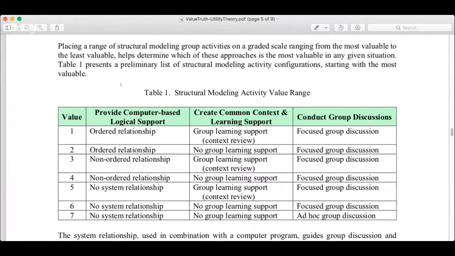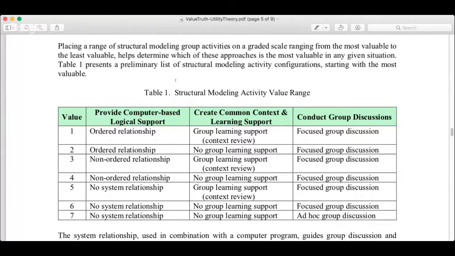And with the advance of computer science and computer processing and communications, this is an area where I believe a lot of benefit can be applied in the structural modeling activity, no matter what the relationship is, whether it's behavioral, ordered, equal. I think there's a tremendous amount of potential in this center column to support focus group learning discussion.